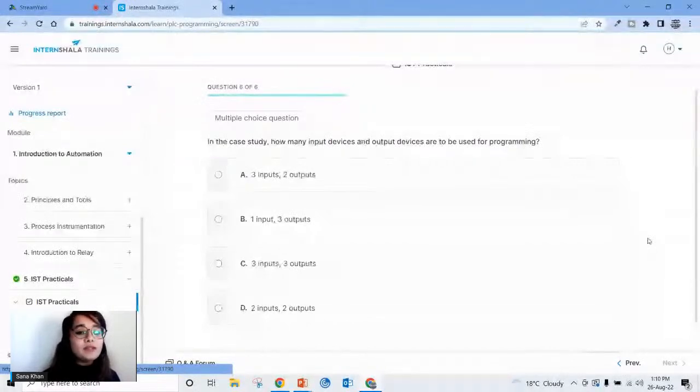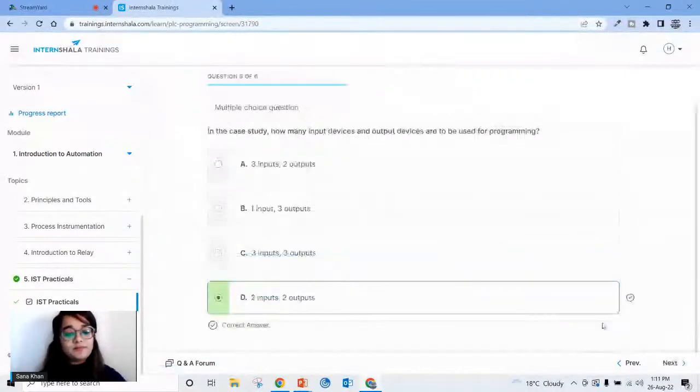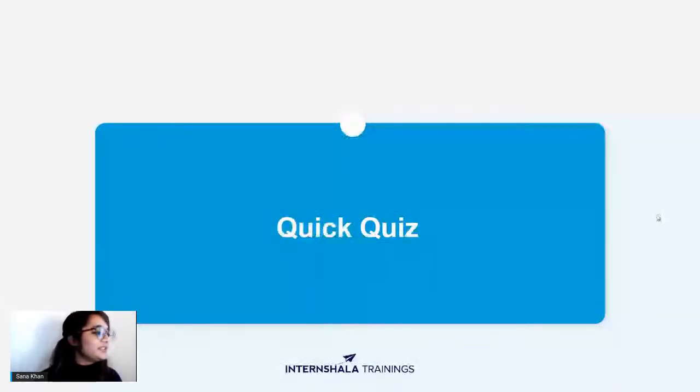One is the alarm, because it needs to start ringing. It needs to make people aware that yes, there is something wrong. And the second output that I need to control is my conveyor belt. So that is D, 2 inputs and 2 outputs. Right, that's correct. All right, thank you everyone.